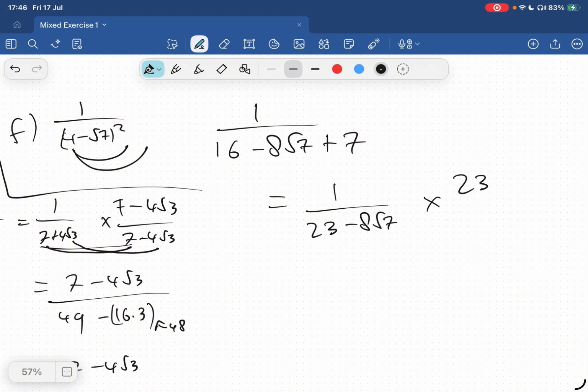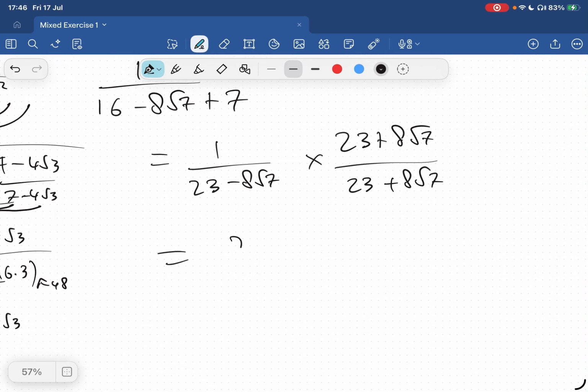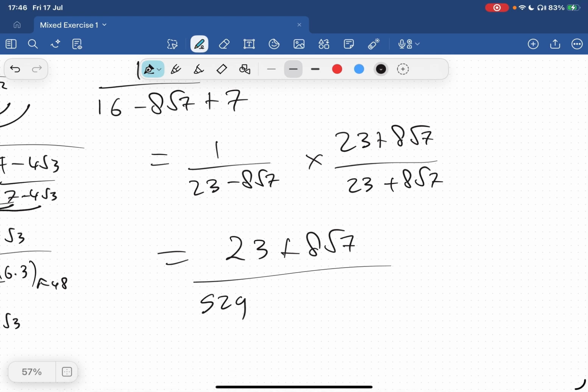Now we're timesing top and bottom by the opposite again. And let's see what this gives us. So we've got 23 plus 8 root 7 over 23 times 23, which is 529. And then the plus and the minus cancel again. So we get negative 64 lots times 7.